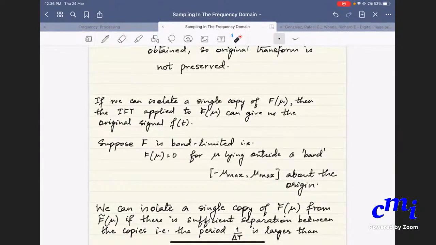The assumption is that f is band limited. Band limited means the highest frequency content of that function is over a finite interval. That's all. Which is like saying f of mu is 0 for mu lying outside an interval minus u max to u max about the origin.